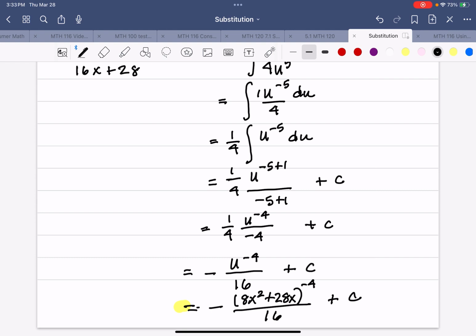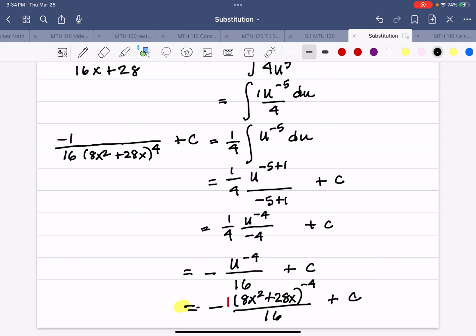And you know they really don't like that negative exponent, so here's a 1 right here. So I'm going to be left with a negative 1 in the numerator, and a 16 in the denominator, and also in my denominator, an 8x squared plus 28x to the fourth plus c.